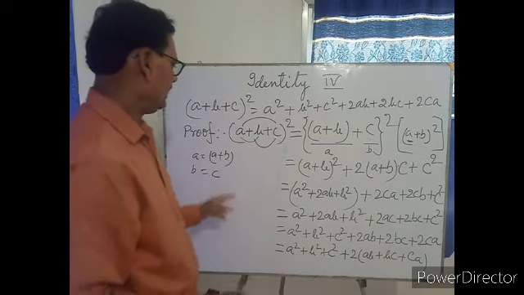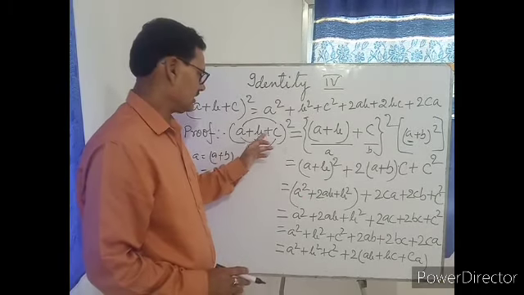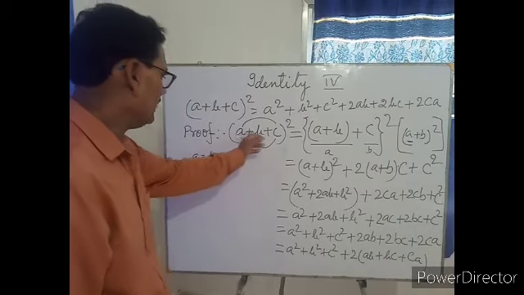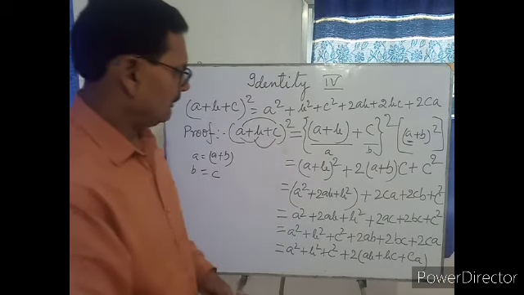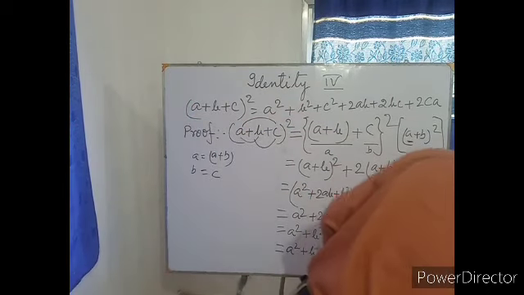Okay, very simple. A square plus B square plus C square plus 2AB plus 2BC plus 2AC. If you practice it once again, it will become very clear.